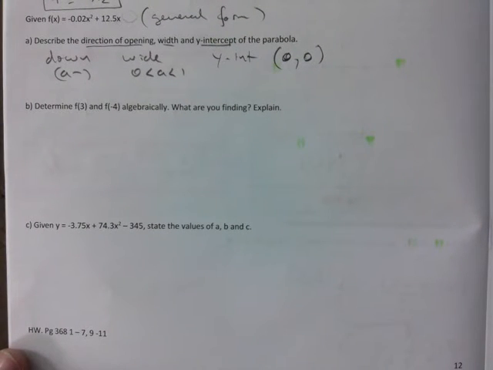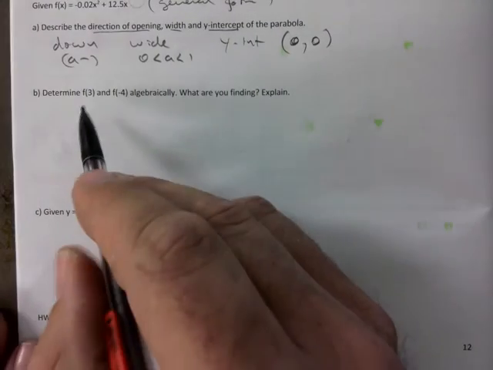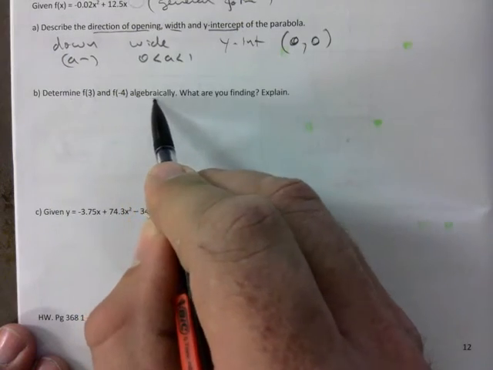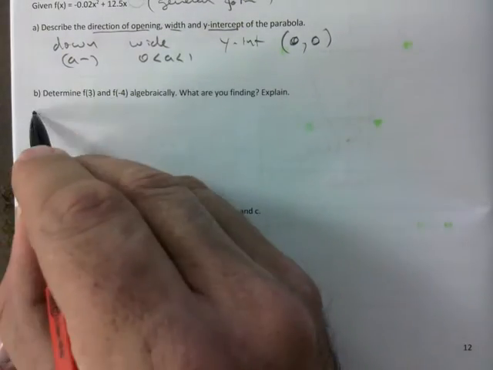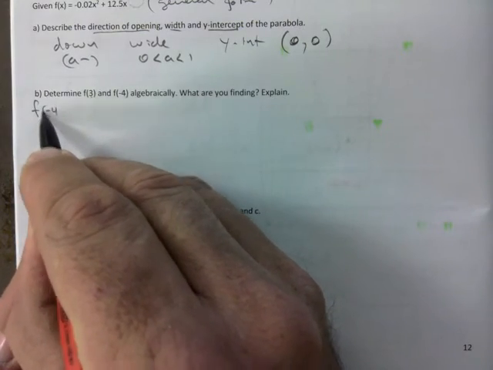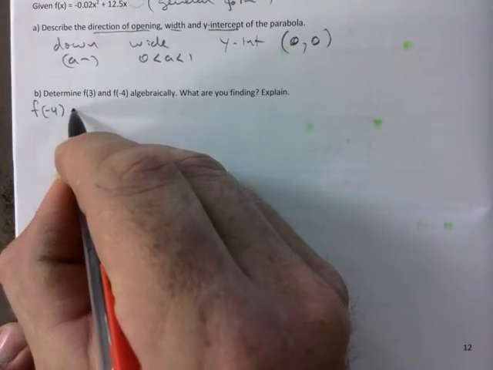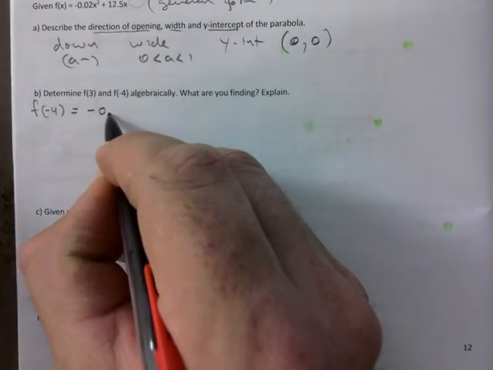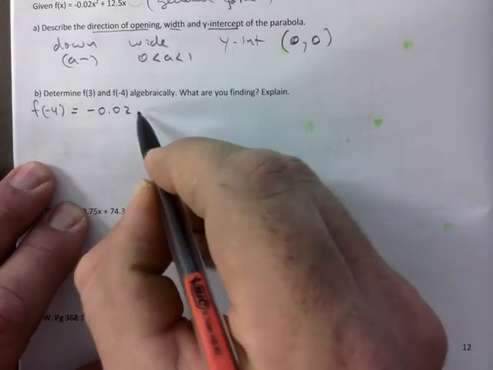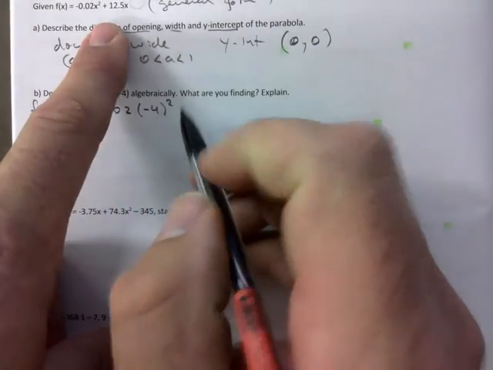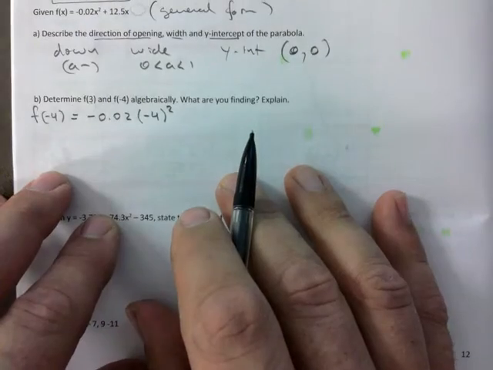And here is perhaps something that's a little new to us. You haven't seen much of this yet. Determine f of 3 and f of negative 4 algebraically. What are you finding? So let's do f of negative 4 first. If we run out of time, you've done the more challenging one. f of negative 4 is telling you that you're going to insert negative 4 wherever there's an x in the original equation, right?